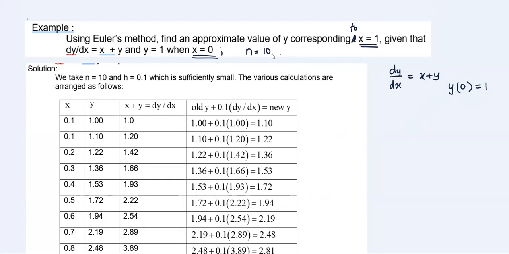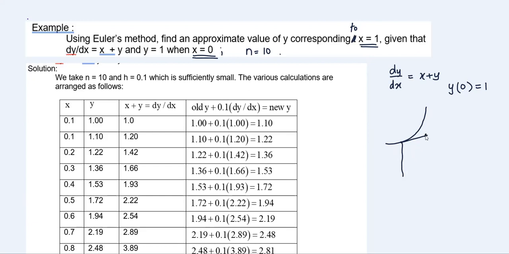Now, if I directly take the step as 1, I will get a very big error in the answer, because it's a curve like this. Here I take this slope.